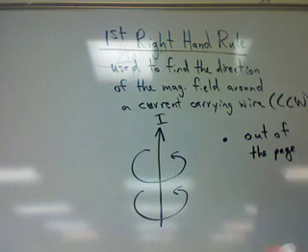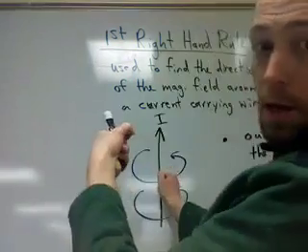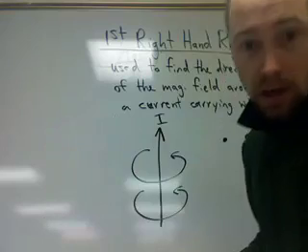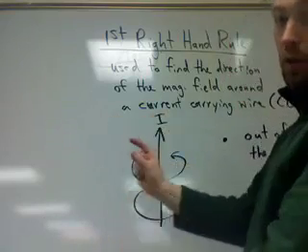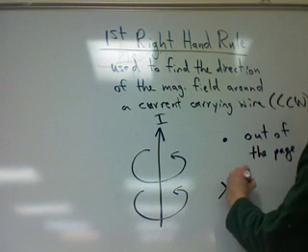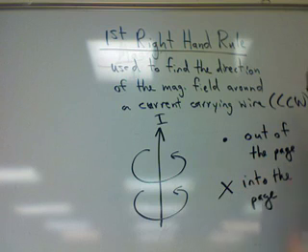Whereas if I'm behind you and fire an arrow away from you, you're going to see the back of the arrow, where the feathers are, which is an X. So an X is going to represent into the page, or the board.